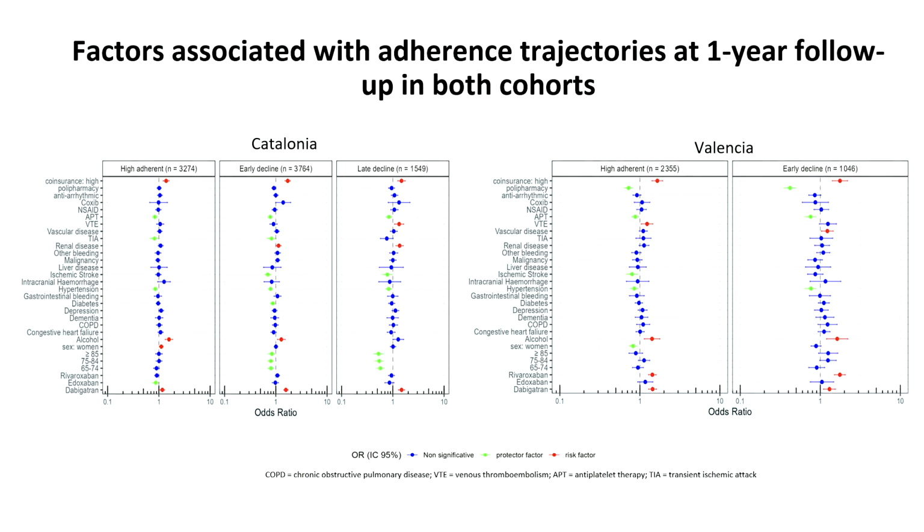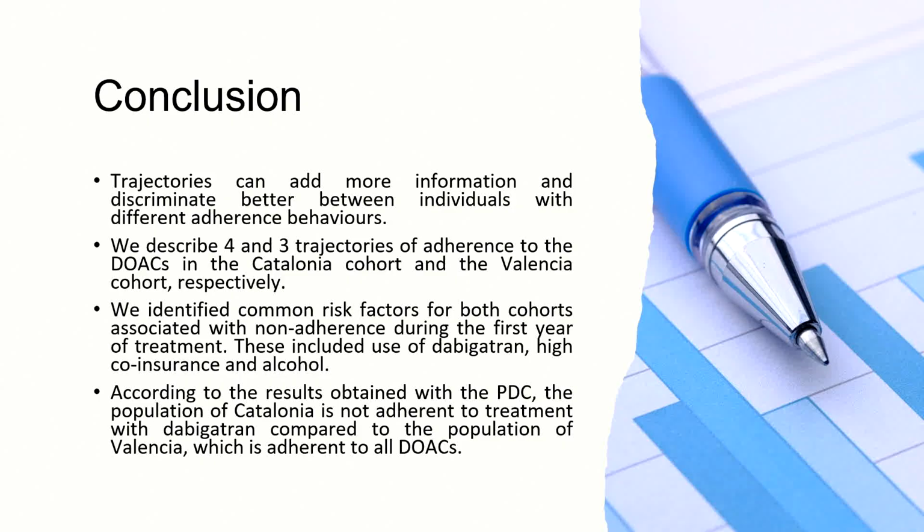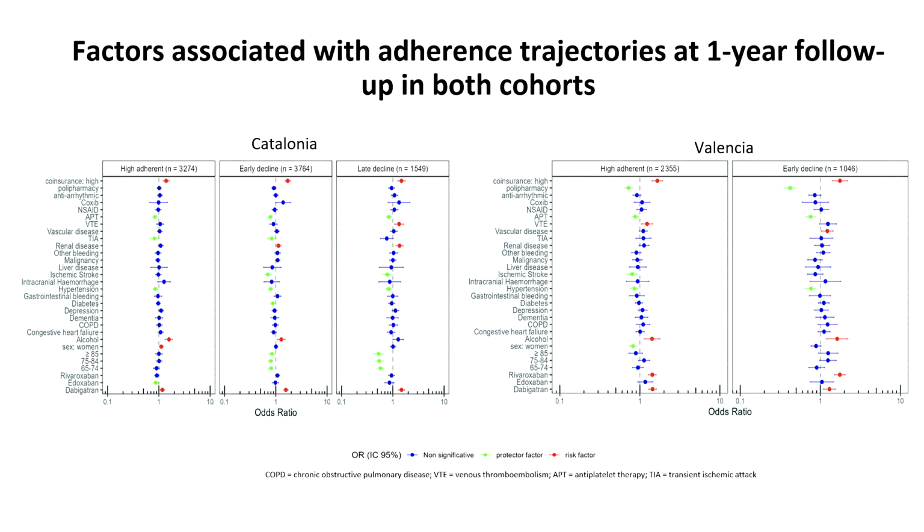The class with full adherence to drug therapy was treated as the reference group. The factors associated with early decline in both cohorts include the use of dabigatran, high coinsurance, and alcohol.